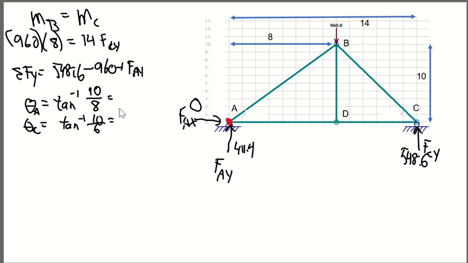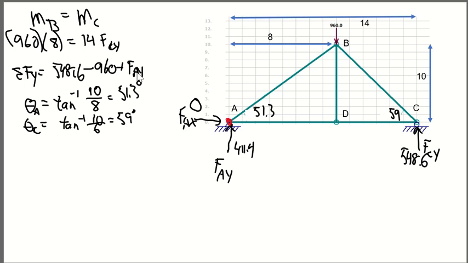Okay, and so when I do that, let me do one just to check. Inverse tangent. Okay, so my A is 51.3, and my C is 59 degrees.